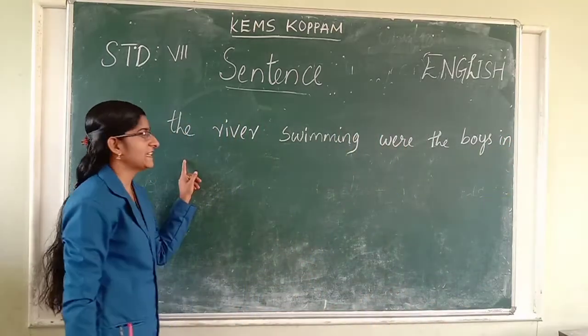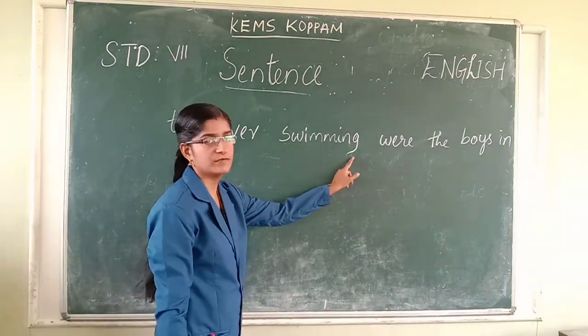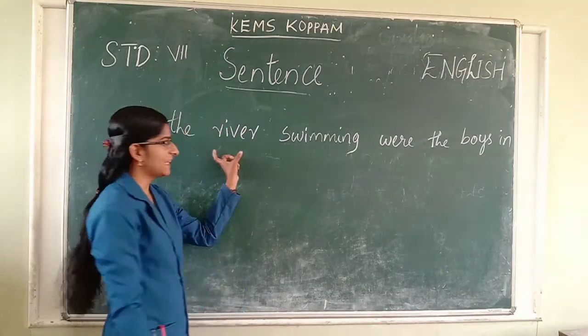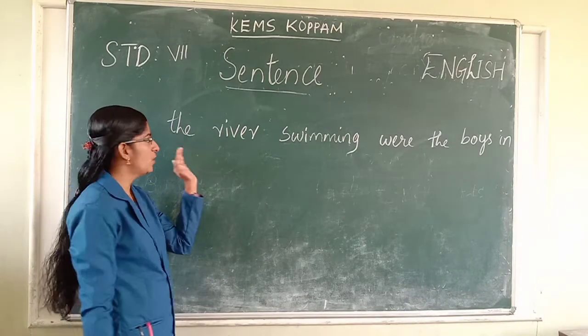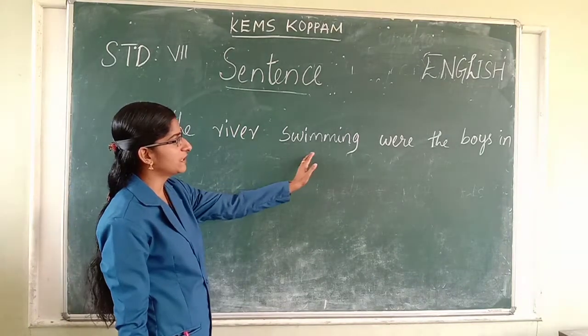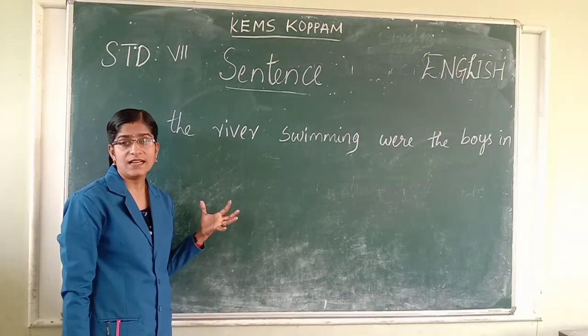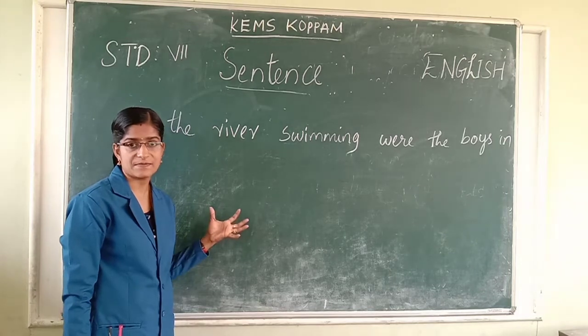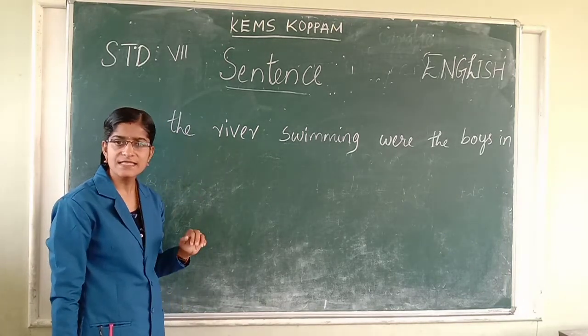Now you can see a group of words. But can we say this is a sentence? No, because "the river swimming were the boys in" doesn't give us a meaning, a sense. So we cannot say this is a sentence.